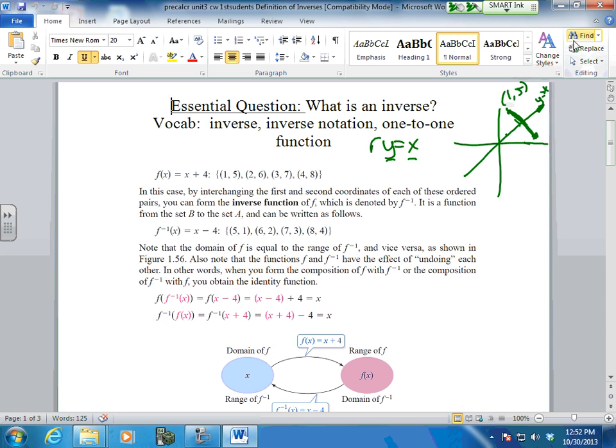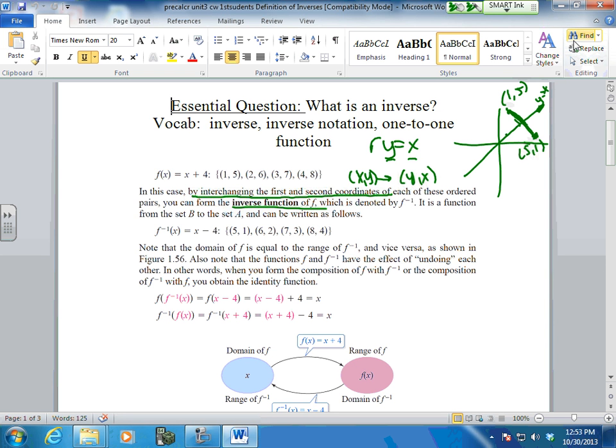What will this new point be using those numbers? 5, 1. So your rule says take the x, y, and swap them, interchange them. We just interchange your x and your y. And that's exactly what this says. By interchanging the x and the y, you can form the inverse of your function.